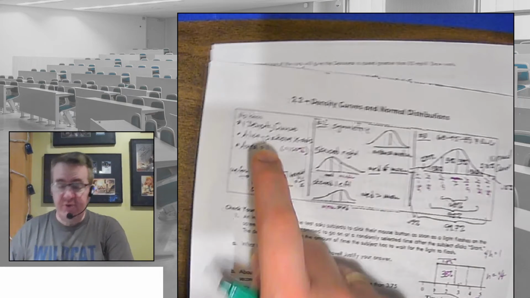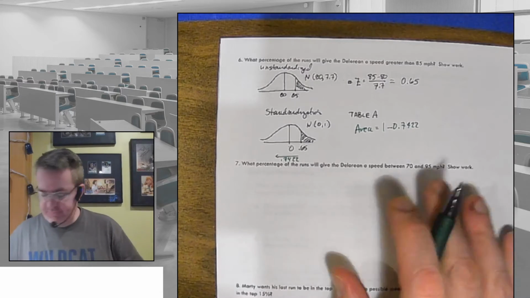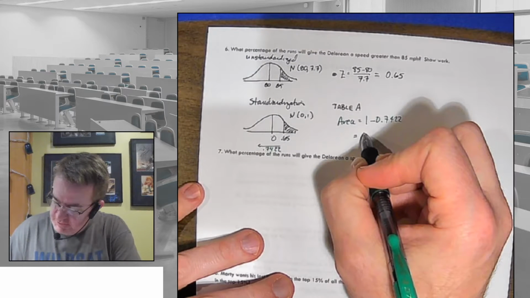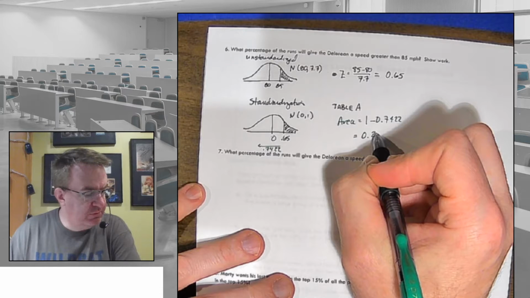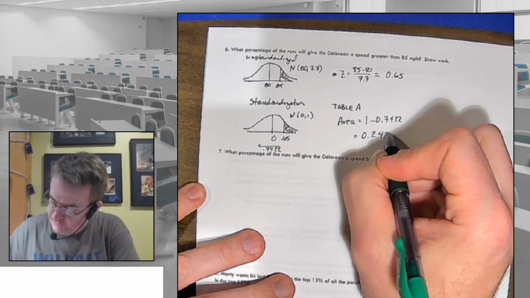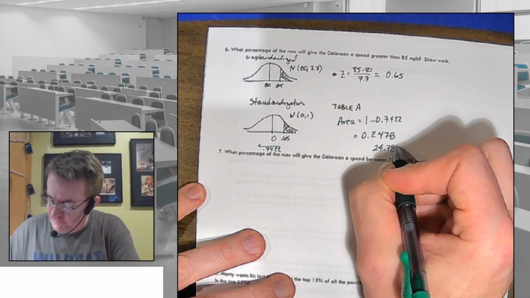That's why I even had you write it down in your notebook. It's almost like we know what we're doing. So when you do this, you're going to end up getting 0.26... no, 0.2578. So 24.78%.